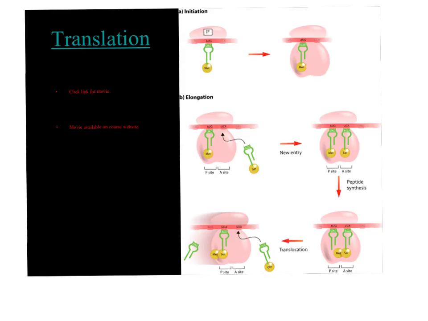So what happens first is that the start codon is AUG, and it always codes for, and this is a little simplification, methionine. But what kind of methionine?